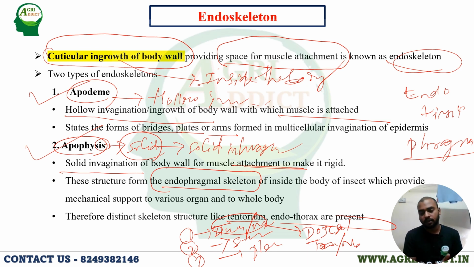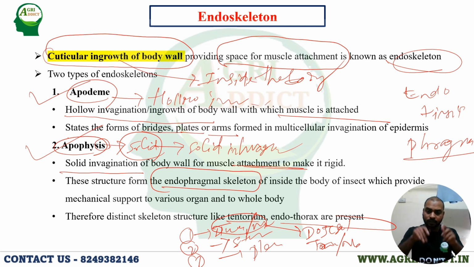Same thing in insects: different appendages are present, like the compound eye, antenna, mouth parts, and so on. This is called the head. The tentorium is called the skeletal capsule. That means if I consider my head, some bones present in it are called the tentorium.